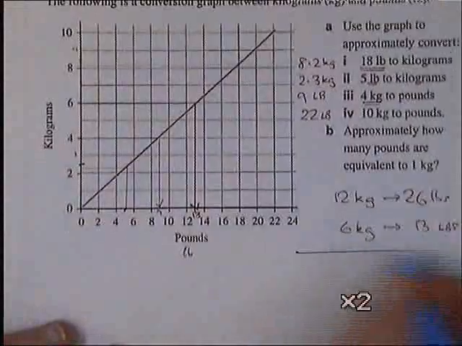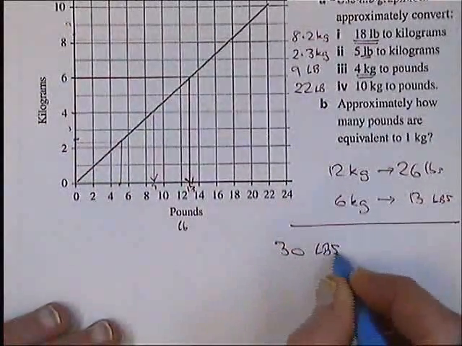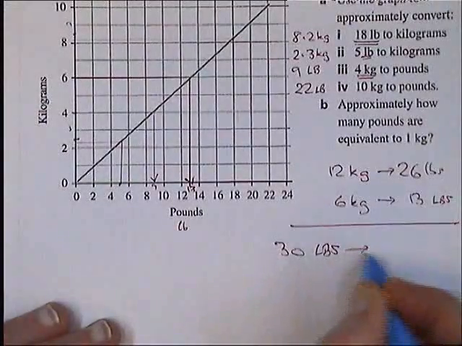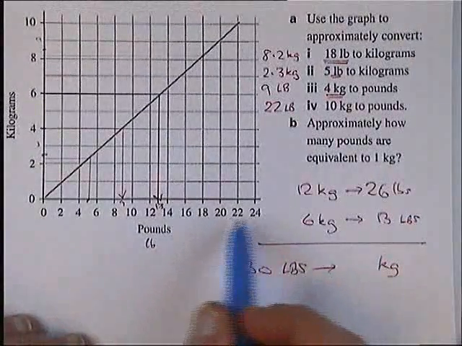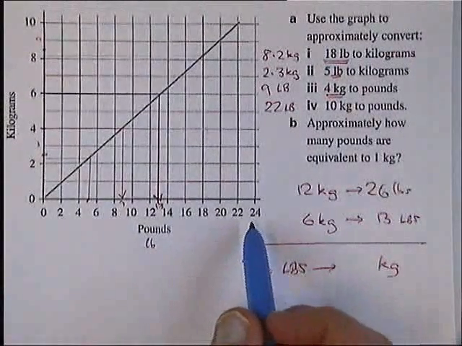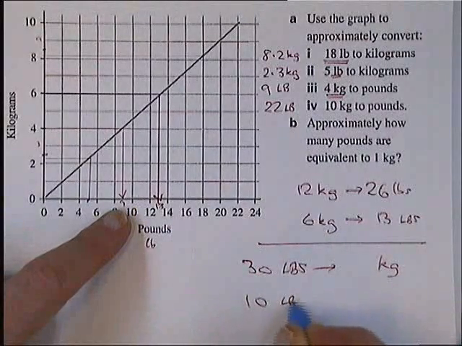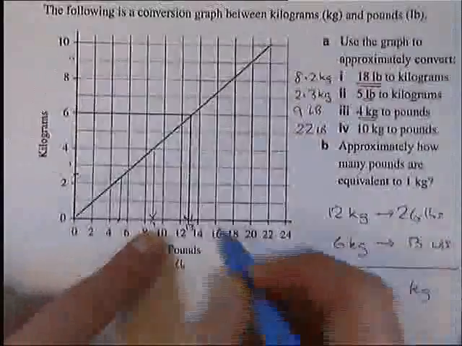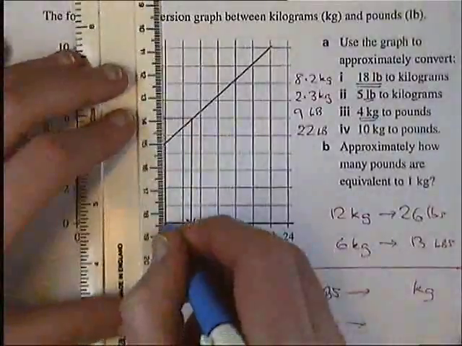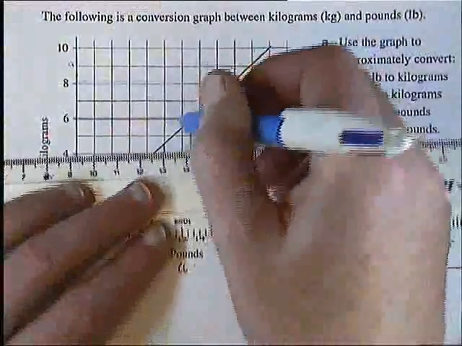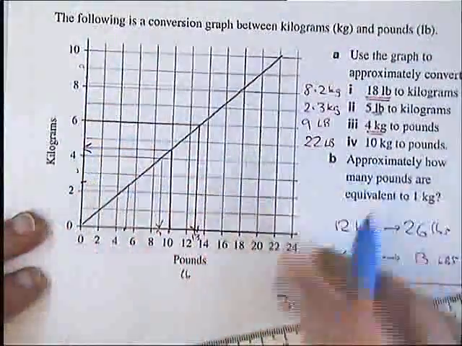For example, if I was asked to change 30 lbs into kilograms, 30 isn't on here. What number could I use? Well, 10 is on here. And if I worked out what 10 pounds was in kilograms by going up from 10 on my pounds line to my graph and then across, that takes me to this point here.